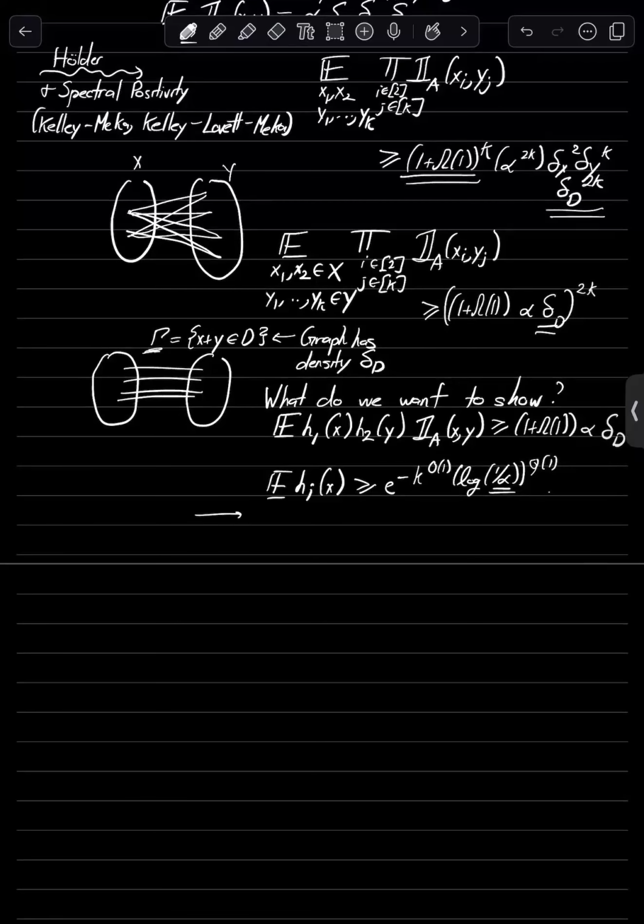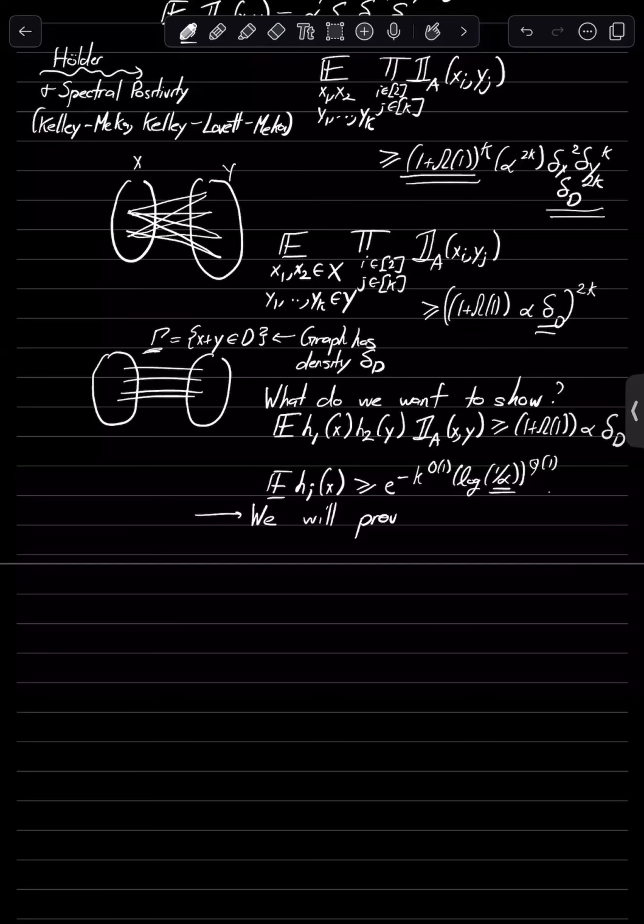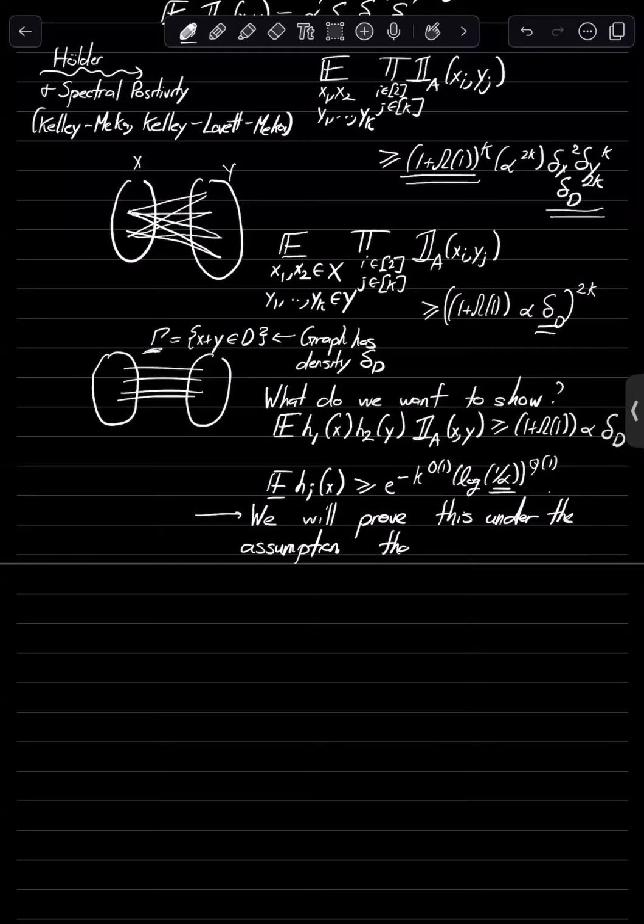And we'll show this under the assumption that gamma is pseudorandom. So the rest of the talk will just be explaining the precise graph theoretic statement and how you prove it.